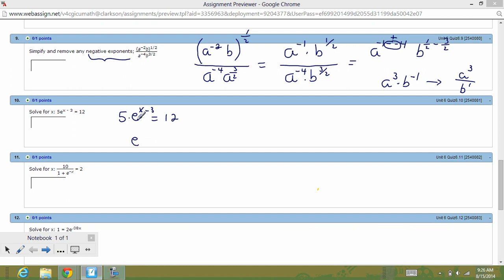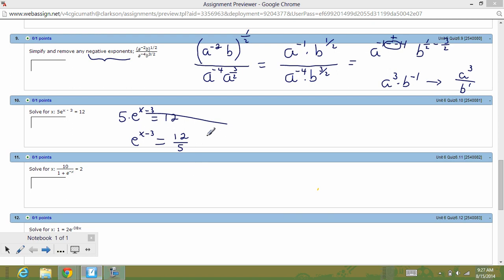And since the 5 is multiplied times the e to the x minus 3, I'm just going to divide that from the left member and move it to the right and get 12/5. Just like that. So this multiplied 5 right here, just dividing that to the other side.